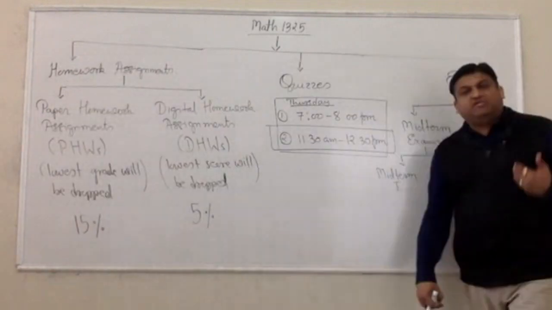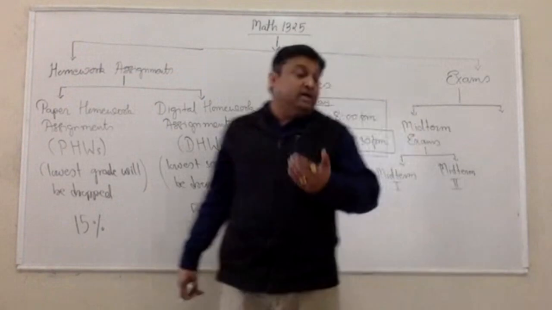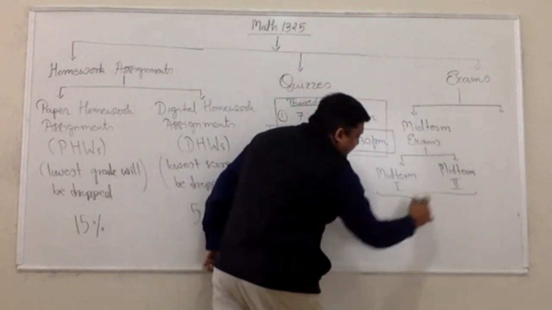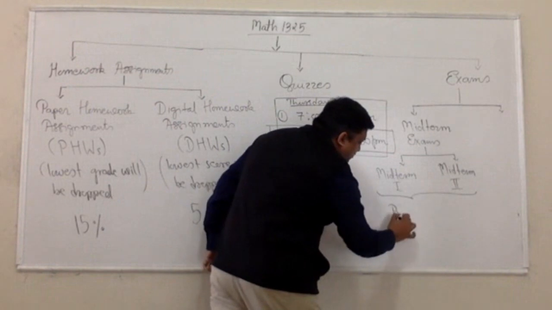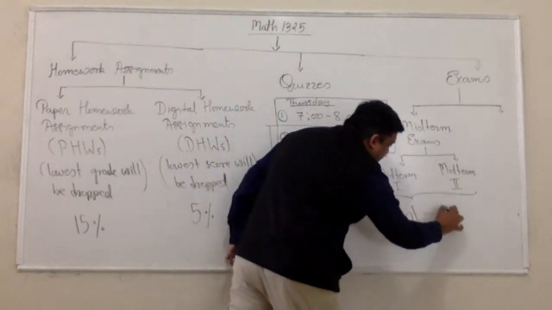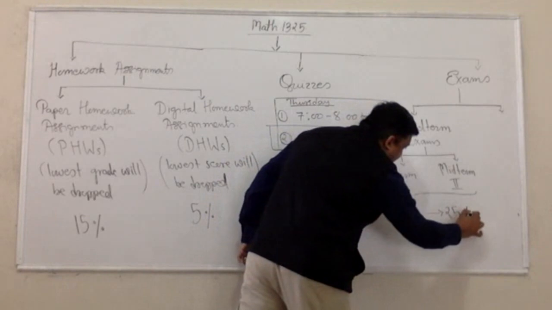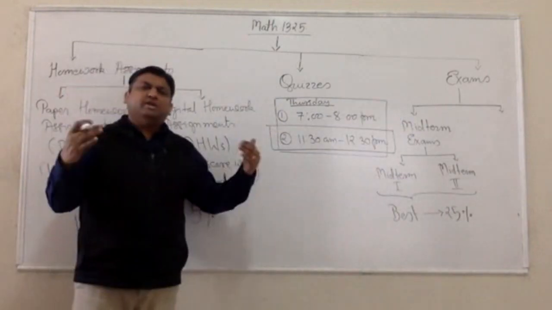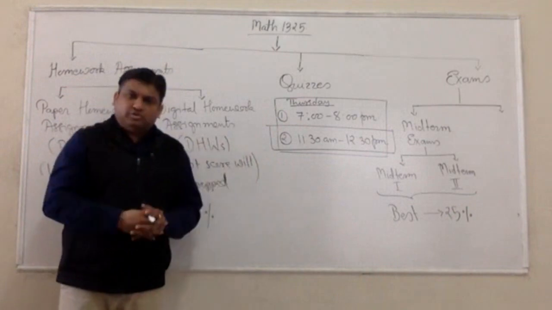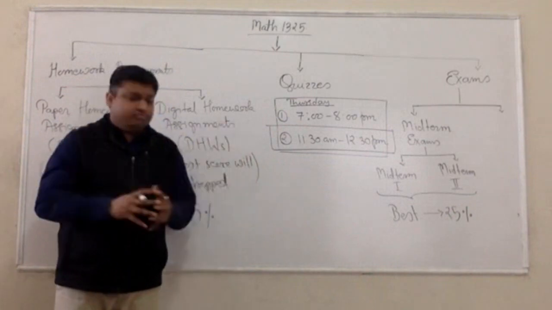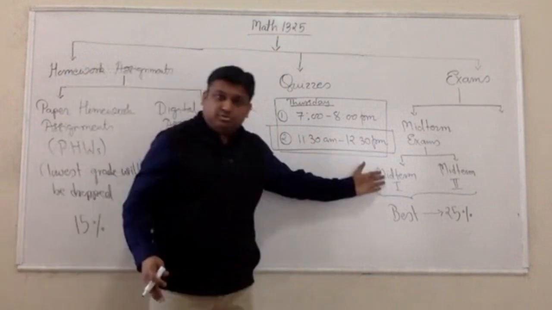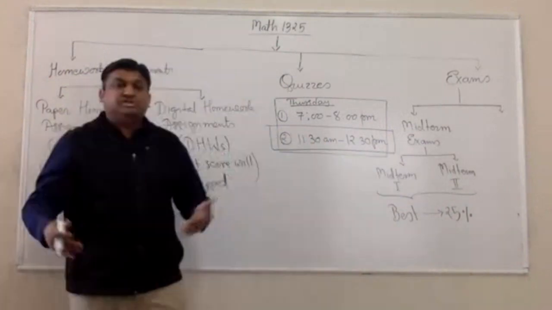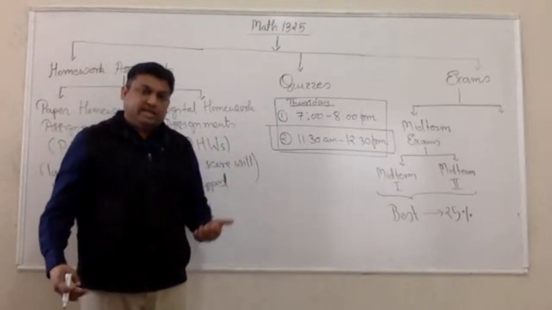Let me tell you their weightage as well. Between the first and second midterm, whatever is the best, it will count 20% towards your final course grade. Now, this is something that we did to benefit the students. If some student gets a bad score on one of the exams, then he or she will not be punished badly.